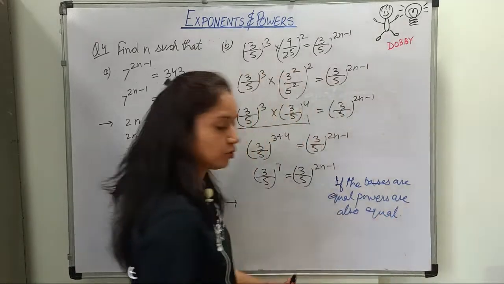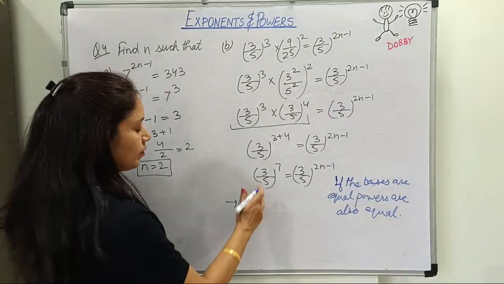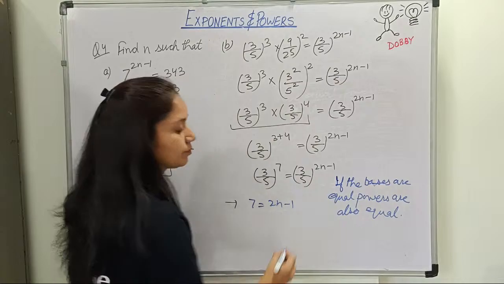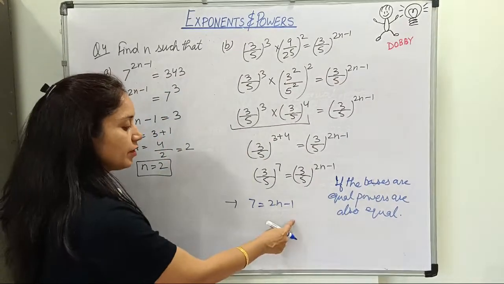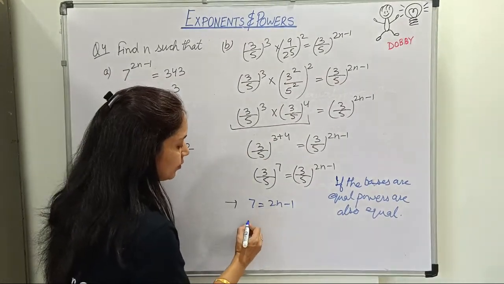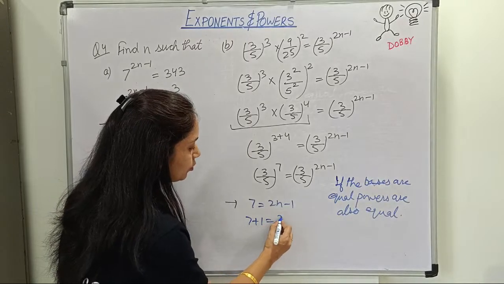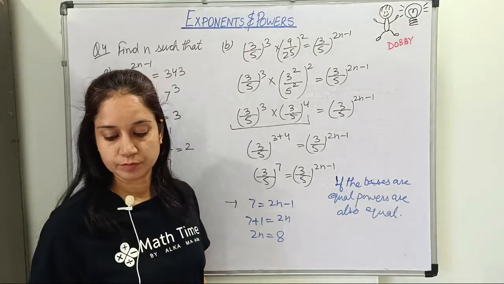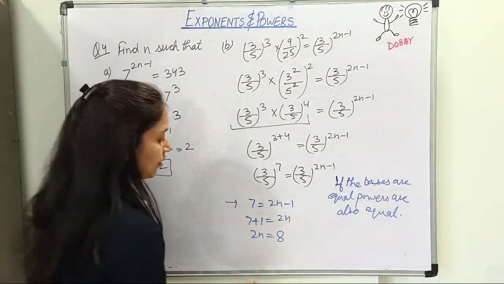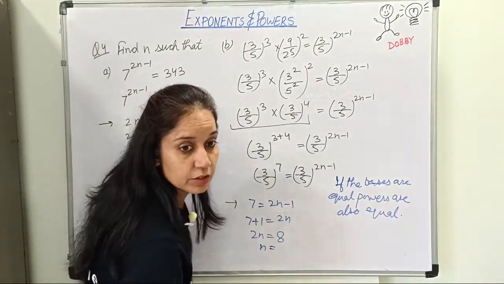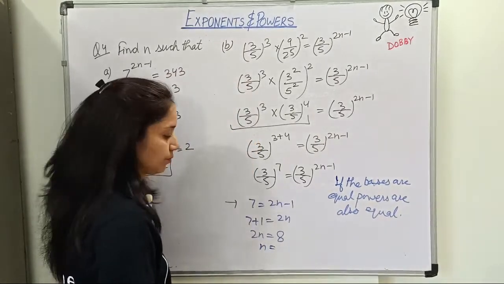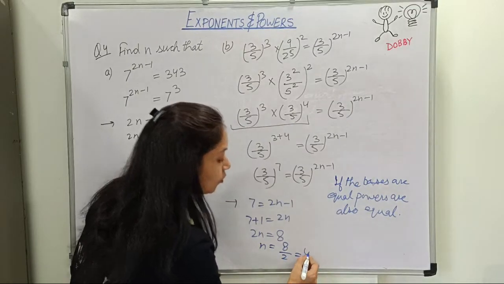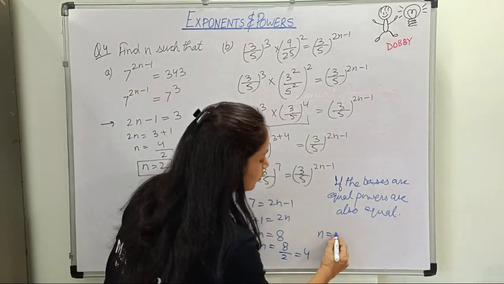After writing this rule, then you can equate. This side 7 and other side 2n minus 1. Minus 1 goes to the other side, becomes plus, so 7 plus 1 equals 2n. So 2n equals 8. Kshitij has given the answer. n equals 8 upon 2 gives us 4. So yes, n is equal to 4.